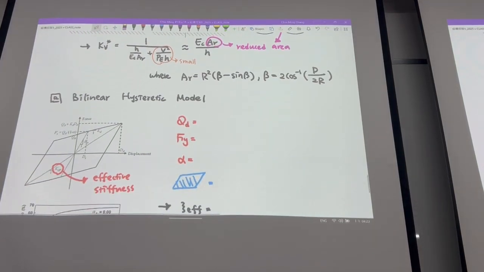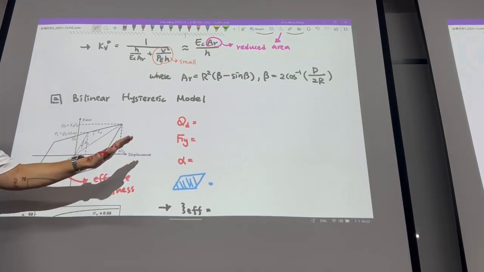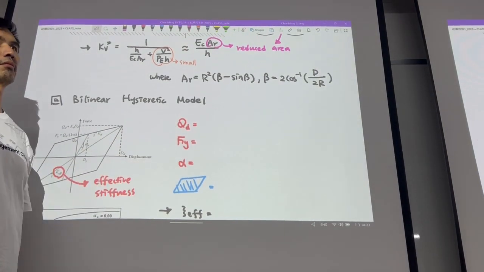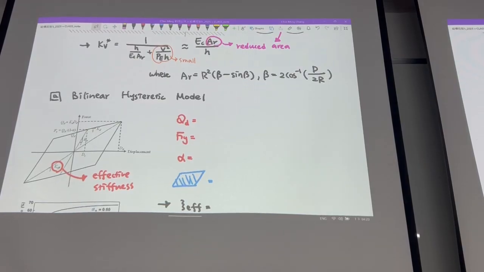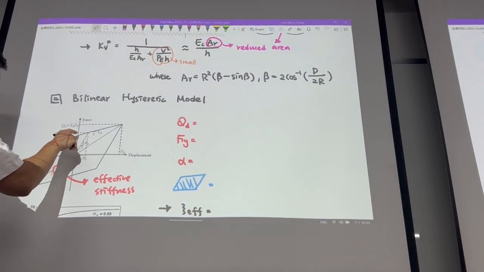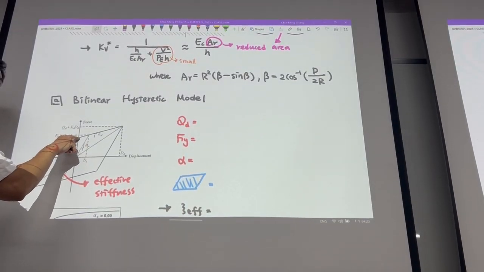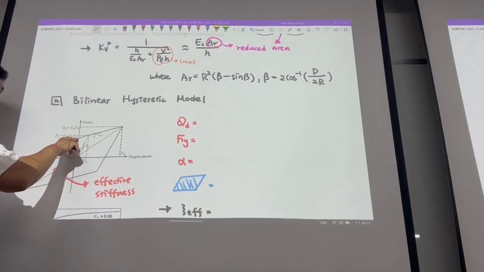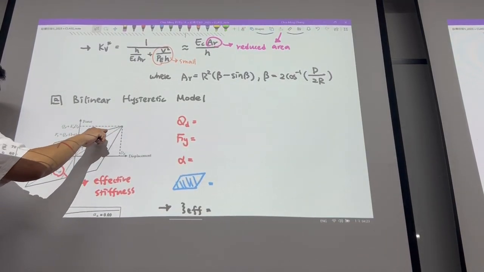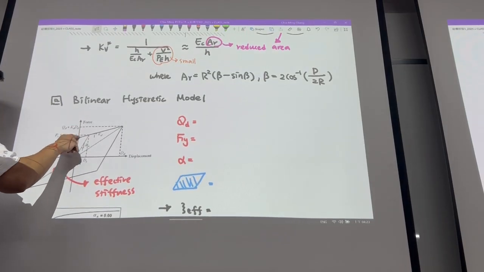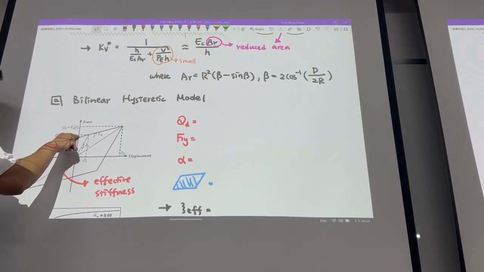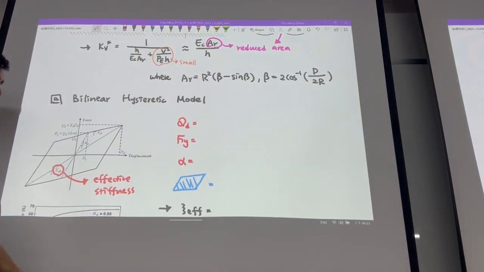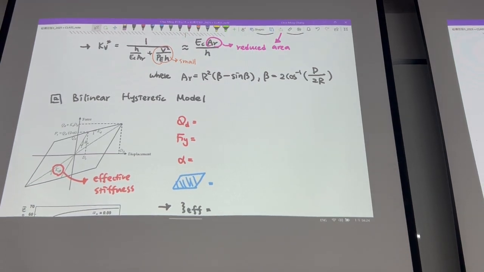So the numbers you will see from the catalog are these three. First of all, QD is this form. You use the post-yield stiffness, okay, that's here. Then the intersection with the force axis, that's called the characteristic strength.